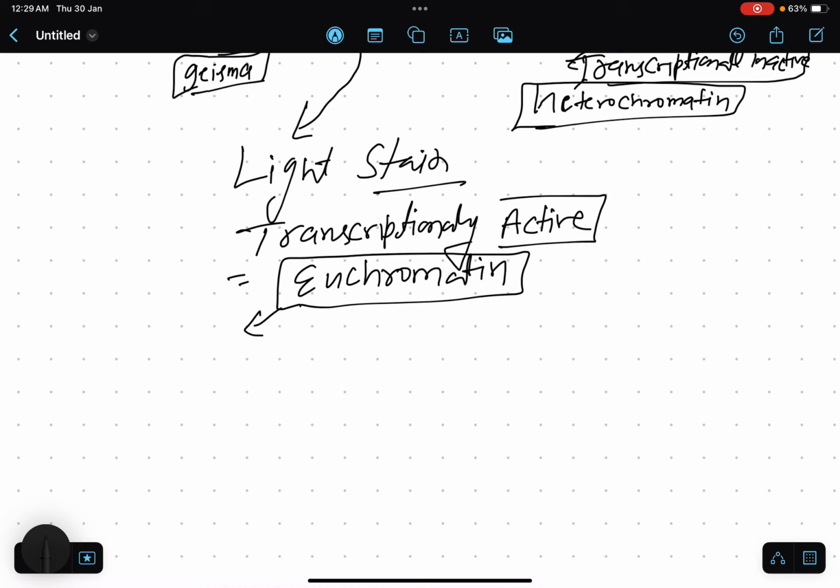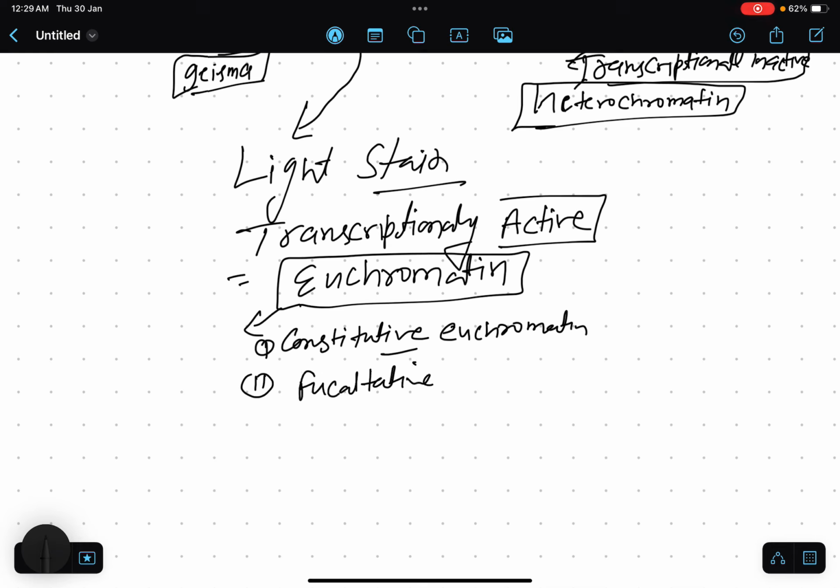Further study shows that heterochromatin and euchromatin are each of two types. First is constitutive euchromatin, and second is facultative euchromatin. This constitutive euchromatin is always a euchromatin.